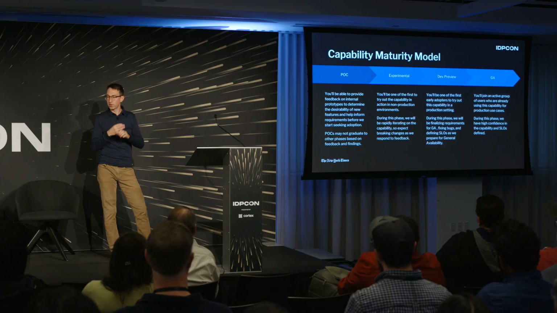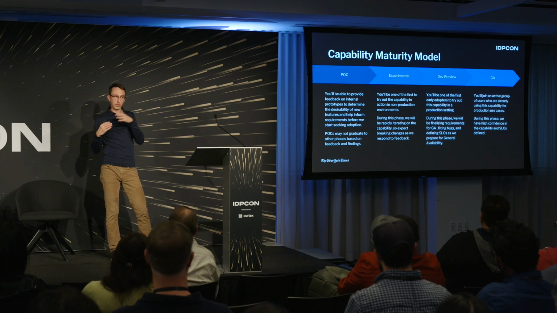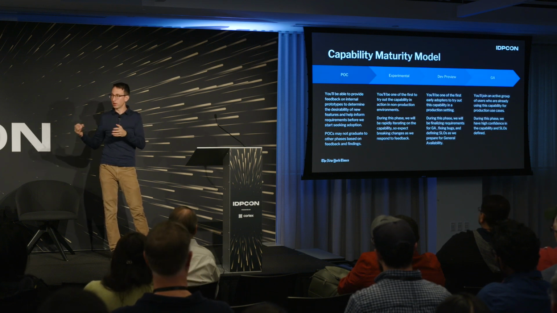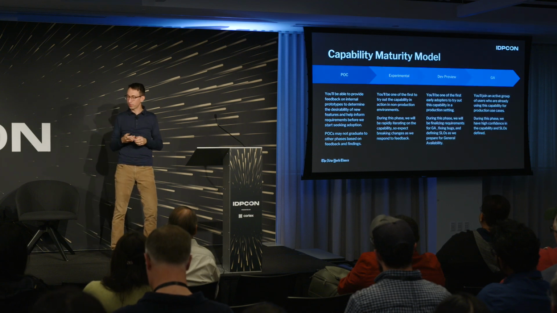And we mark each of the releases of various components or features through the system as they run through these phases. I won't read all of that, but the general idea is POC is something we're validating, used internally by us. Experimental, we release to a few users. Dev preview is like anybody can opt in, and then GA is fully featured and available for everyone.